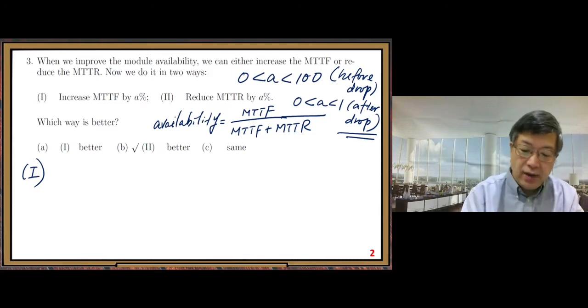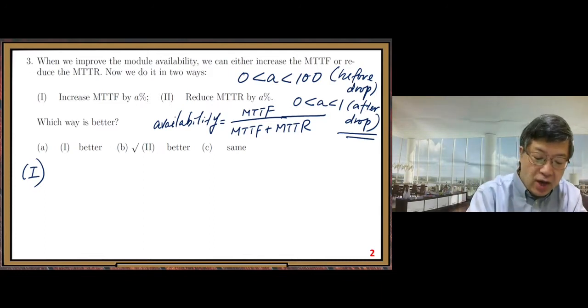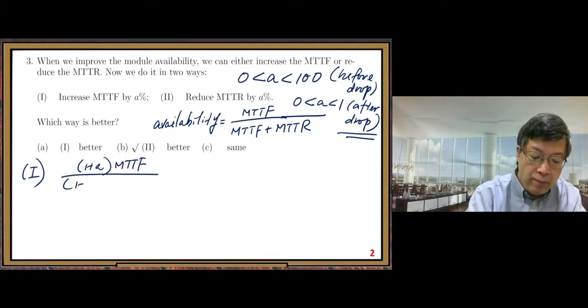All right, so here, availability this time increased by 8%: 1 plus A times MTTF over 1 plus A times MTTF plus MTTR.